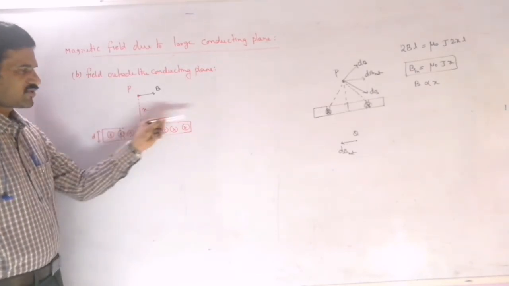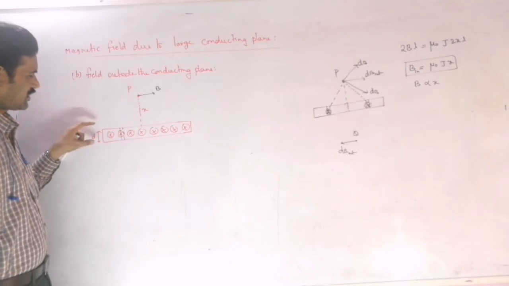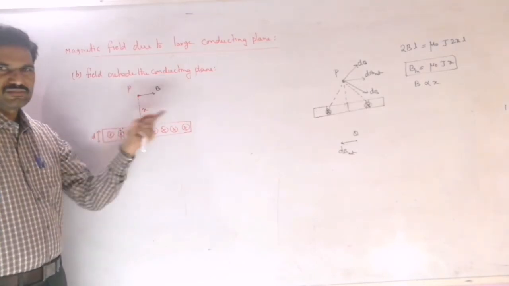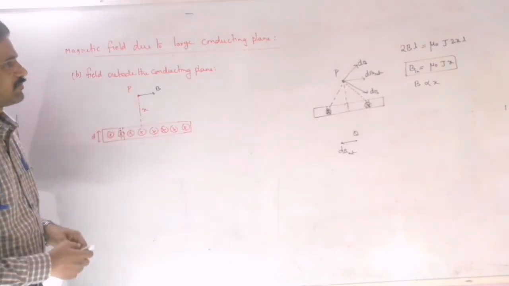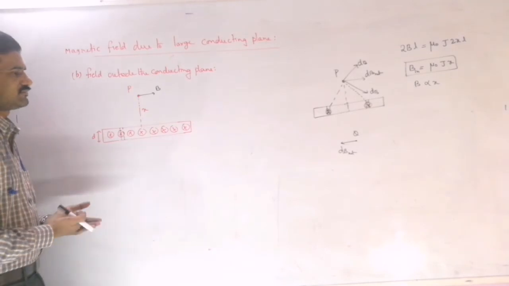Width means this dimension. This I am naming as thickness, and this is the width here. Parallel to the width of the plane.